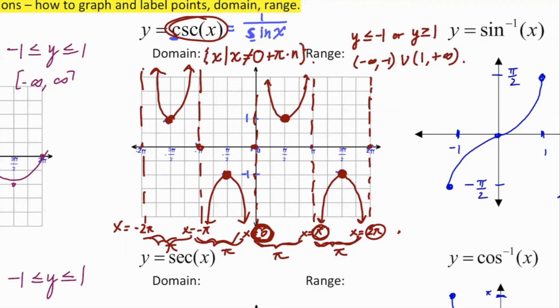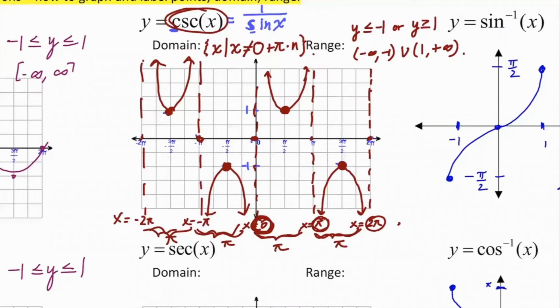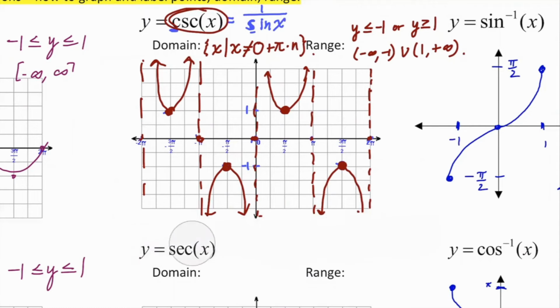Okay, that's the range. Now for the last part, it's not asked on the handout, but I do want to clarify the period. Period of cosecant. What's the cycle that is repeating over and over again?